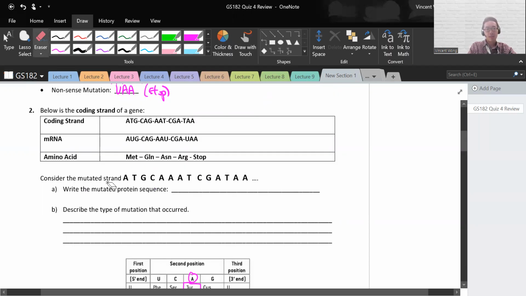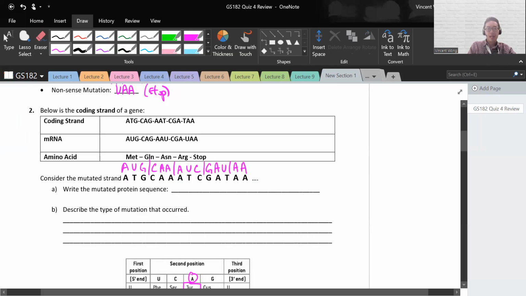Since this is DNA and it's the coding strand, if I want to write a mutated protein sequence, I must first change it into RNA, right? And changing from coding strand to RNA, all you have to do is replace all the T's with U, right? And I'm going to chop it up into triplets as well, so it's easier for me to keep track.